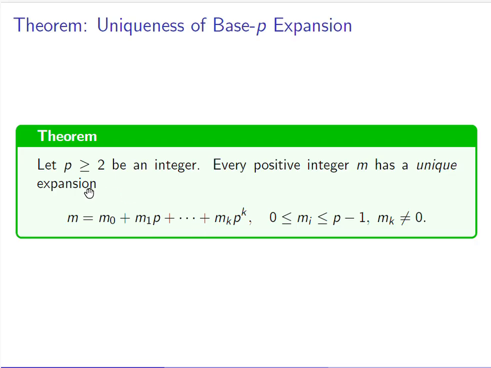What really makes this unique is that the m_i's here are all greater than or equal to 0 but less than or equal to p minus 1, and the highest one, m_k, is not equal to 0. So this expansion is unique.